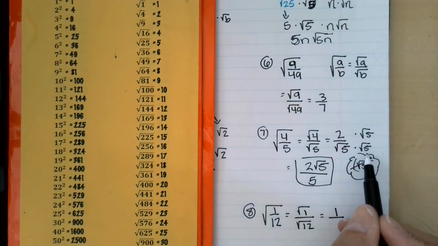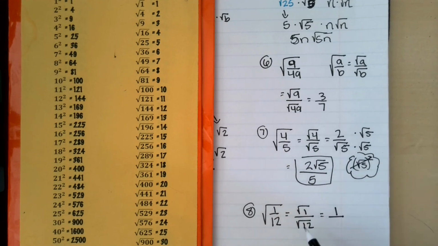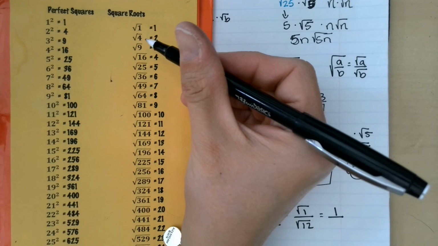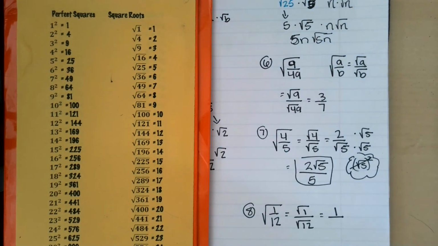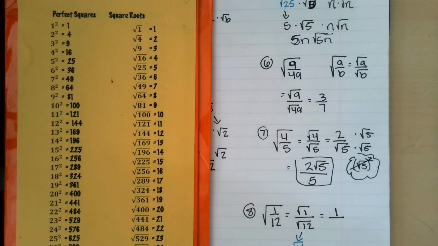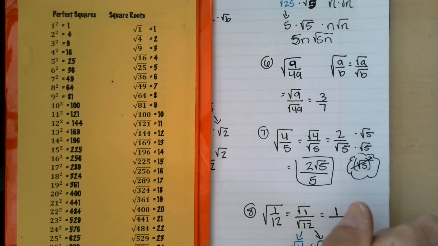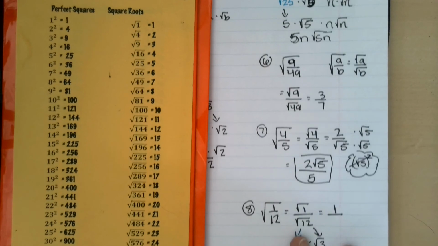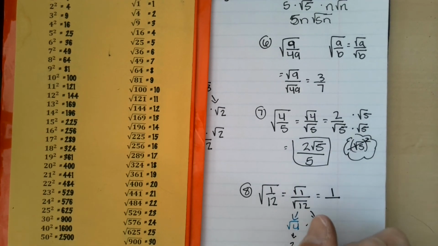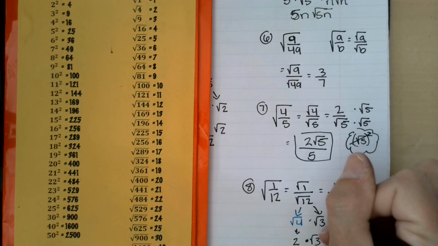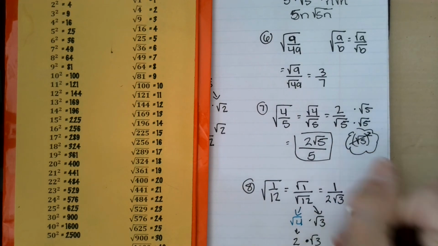It's a prime number, so I just had to rationalize that denominator. The square root of 12 can be broken down. In fact, we can break the square root of 12 down into the square root of 4 times the square root of 3. So the square root of 4 is going to be 2. We know that. And the square root of 3 is prime, so it's going to stay the square root of 3. So what I have right now is 1 divided by 2 times the square root of 3.